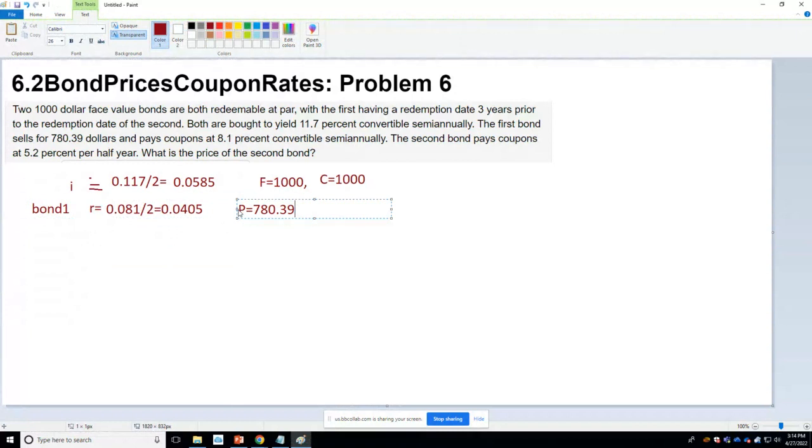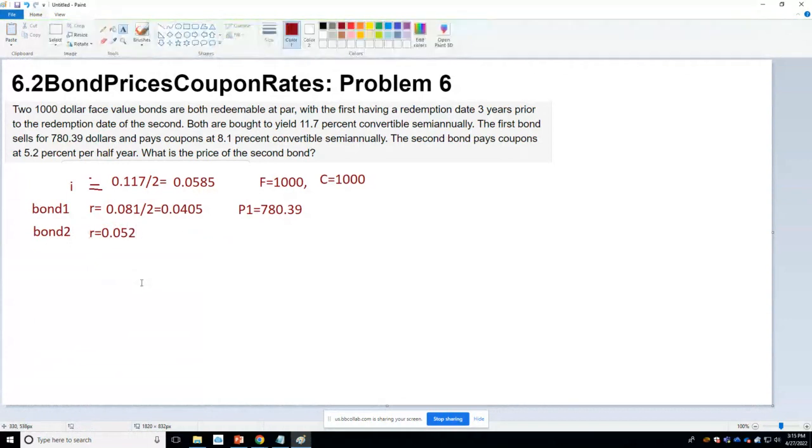What is the price of the second bond? So let's call the first price P1. And so now we have our bond 2. The second bond has a different interest rate, so the coupon rate is 0.052 for every half year.